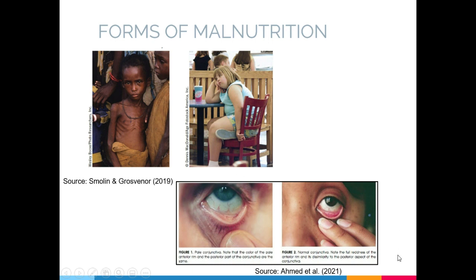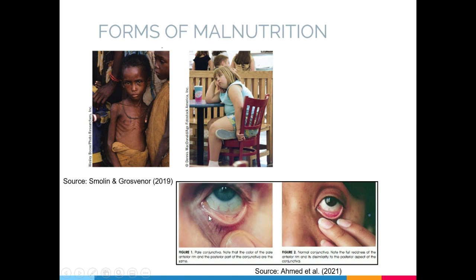But naa pa ba ikatulo? Yes, naay ikatulo actually. Although this can also fall under either under or over, but naa pud tay ginatawag nga micronutrient deficiency. Okay? Like for example, this one. Mao daw ni ang normal conjunctiva, then mao ni ang pale conjunctiva.